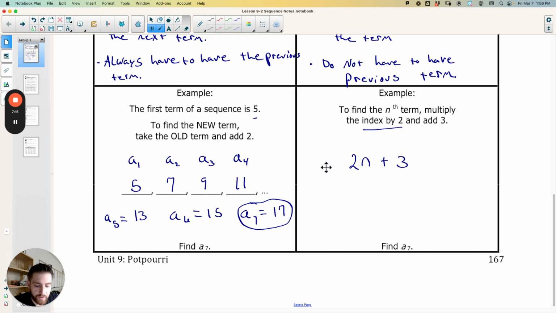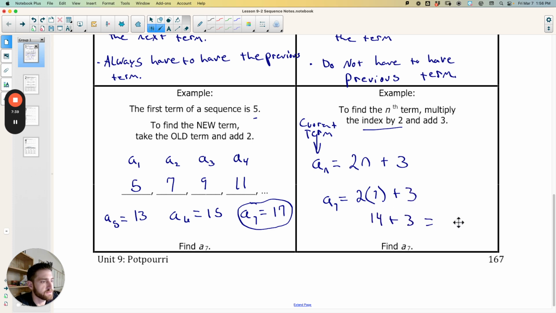What that's saying is that a sub n, my current term, is equal to whatever that value for n is times 2 plus 3. So if I wanted to find a sub 7, I would plug in a 7 for n. So 2 times 7 is 14, plus 3 is 17.